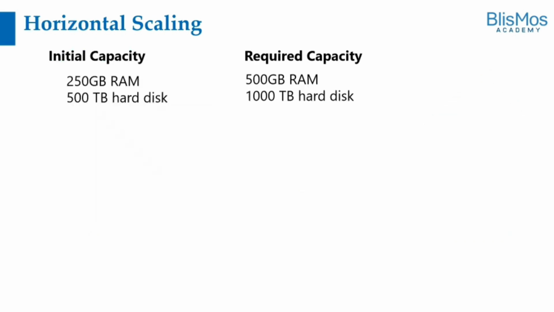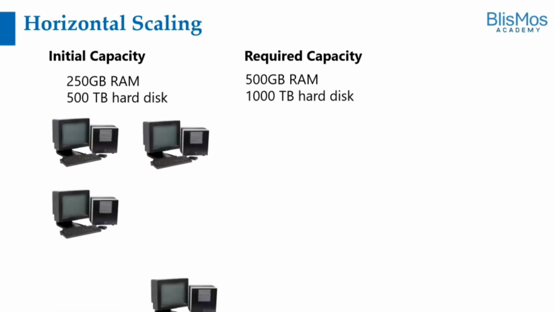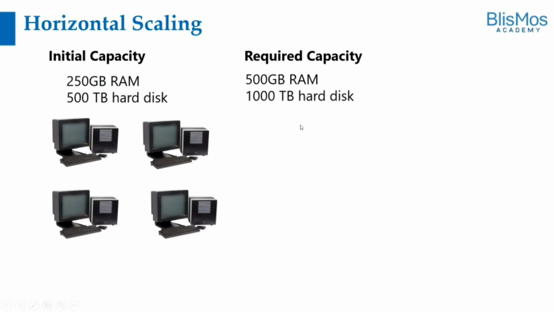That is horizontal scaling. Assuming that we have the same requirement, 250 GB of RAM and 500 TB of hard disk, which is taken care of by these 4 machines. Our required capacity is now 1000 TB hard disk and 500 GB RAM. Obviously, we need 4 more systems.